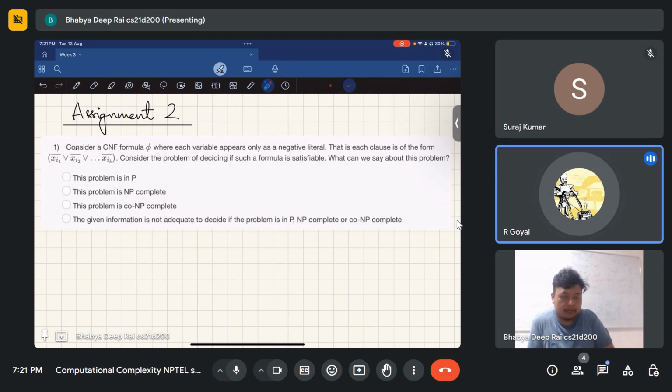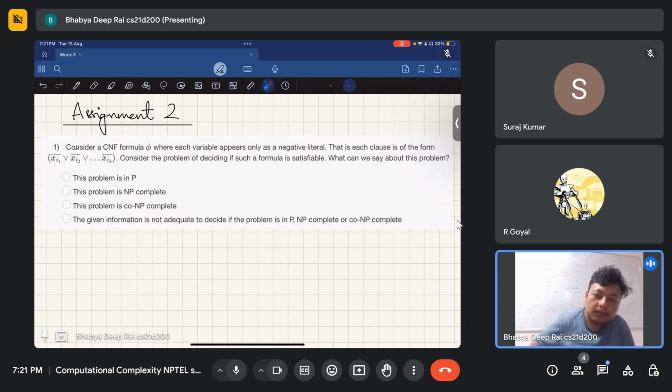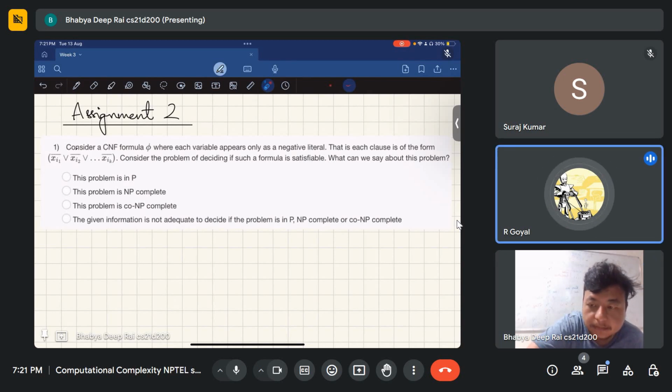So the point is that at the most, this formula is CNF. This is the same as at the most this formula may be in the disjunctive normal form.